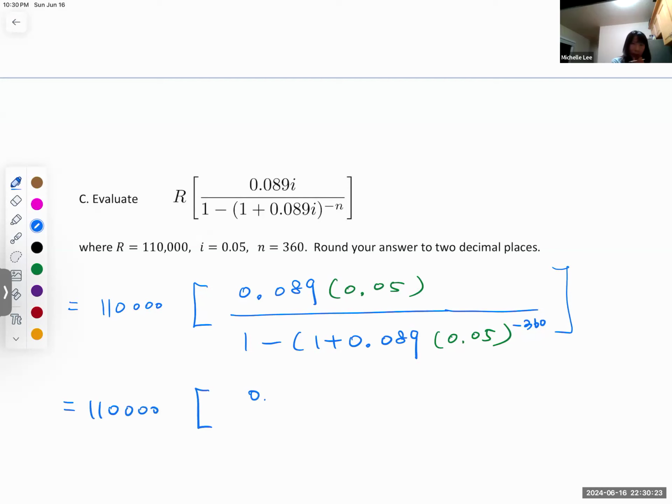0.00445. Okay, let me clarify. This one is like that, right? Over the denominator inside the parentheses. So 1 minus, let me do it step by step. 1 plus 0.00445 to the negative 360.